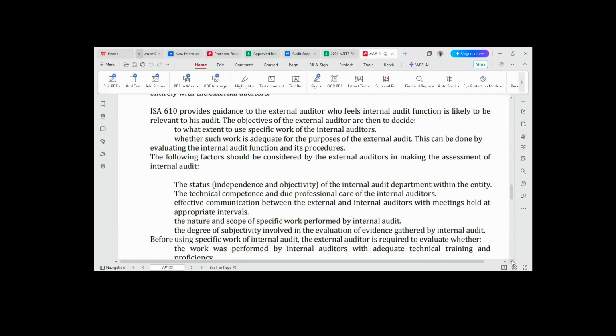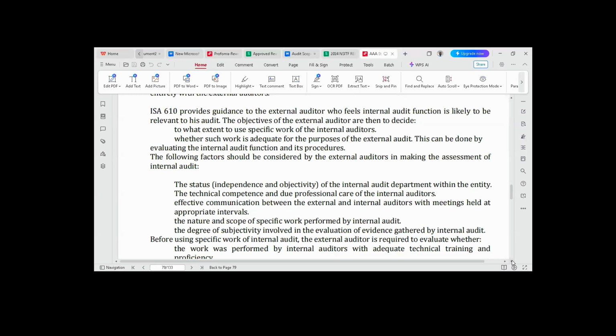You will look at the nature and scope of the specific work performed by the internal audit. So at every point in time, the internal department has their internal audit plan and they have their report. And in their report, you have observations, you have recommendations. In that report, how many of those recommendations have been implemented?